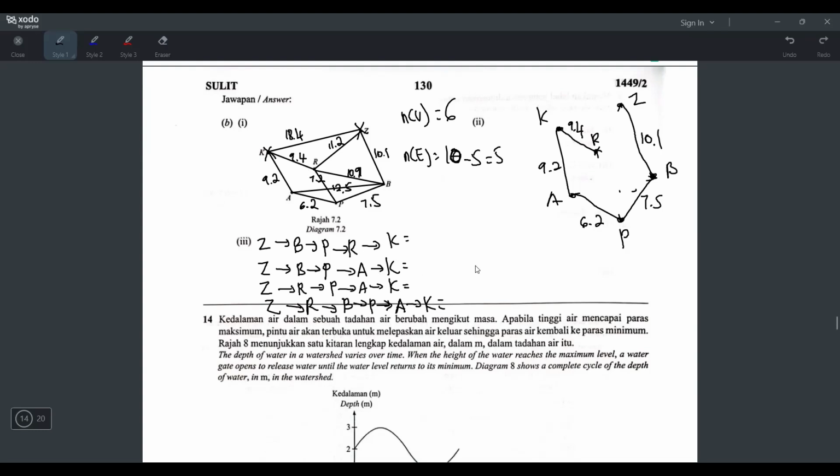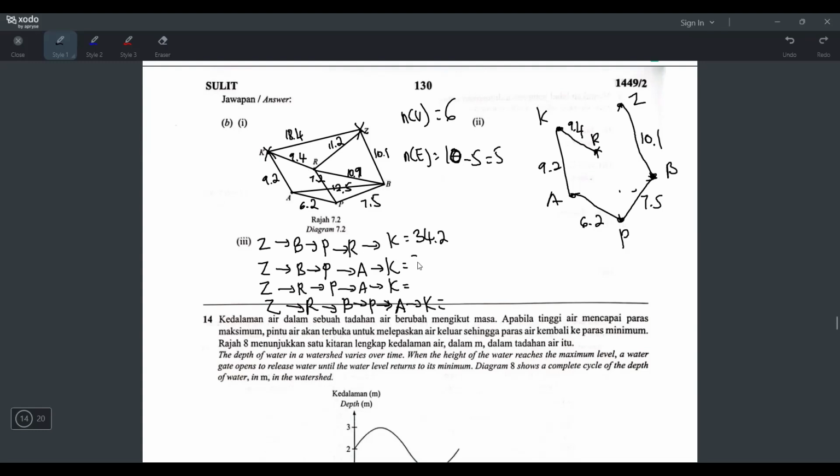I got 34.2. Next one, Z to B 10.1 and then B to P 7.5 and then P to A 6.2 and then the last one is 9.2.